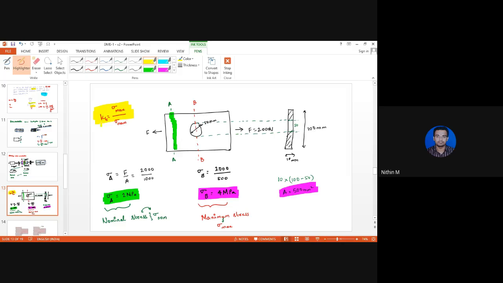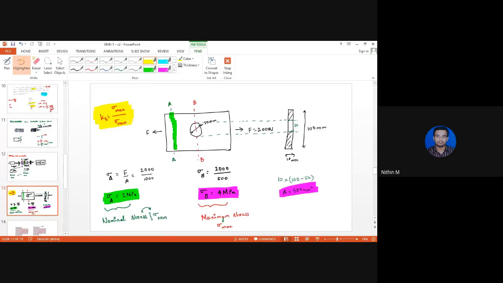Now, in the examination, they might ask you the definition of stress concentration. Stress concentration is the localization of stresses due to abrupt decrease in the cross-sectional area of the body. This is how you define stress concentration.